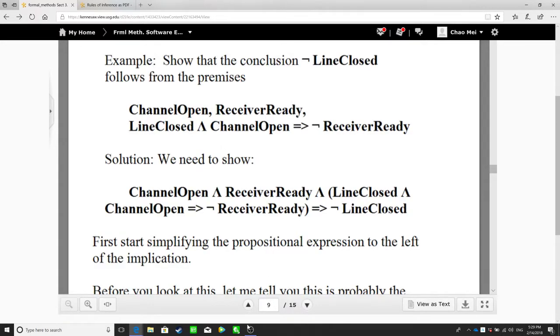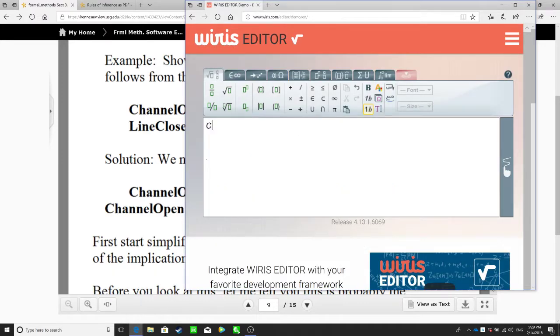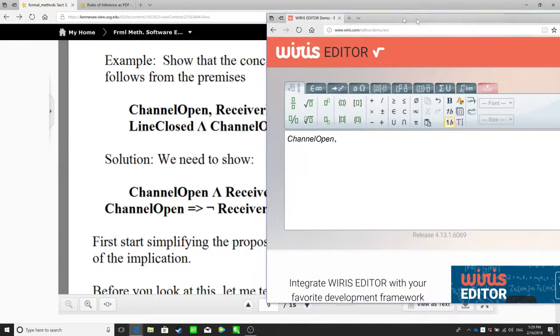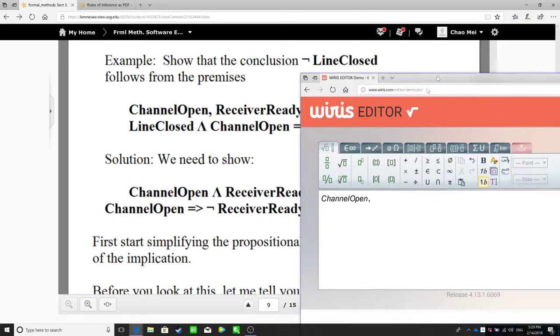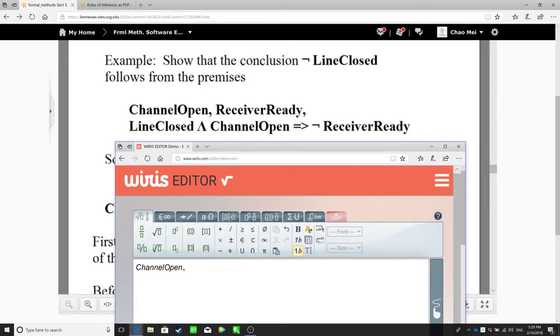Channel open, receiver ready. So this is the first thing, right?